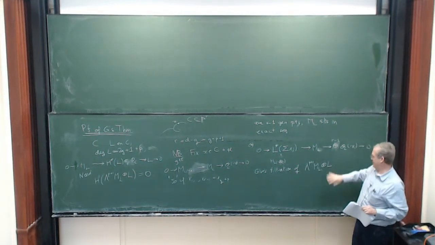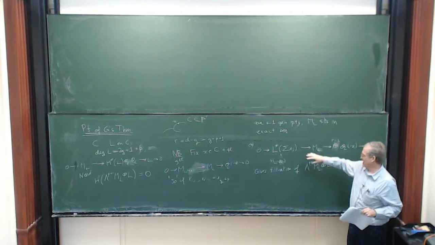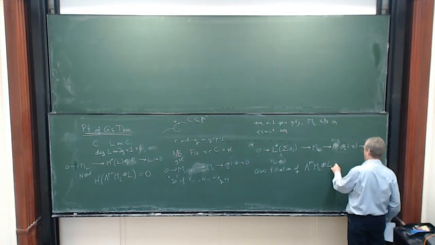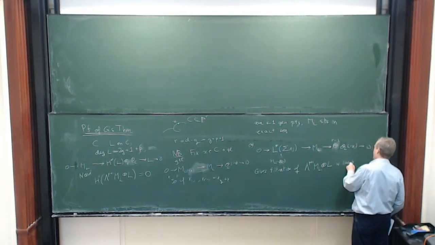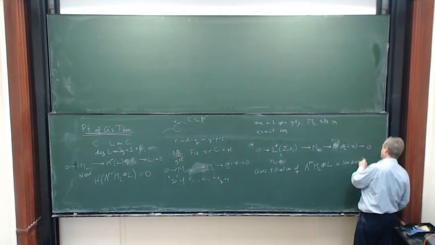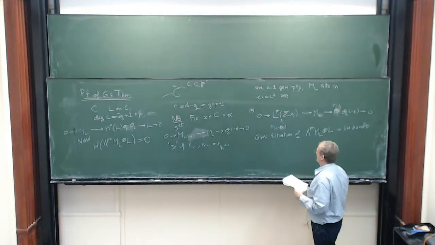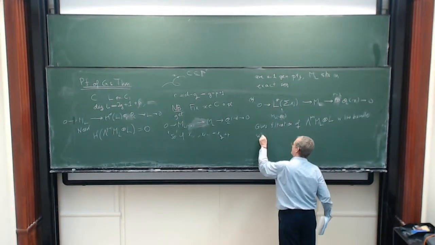So you play this game, and you end up with a filtration of this thing, with some pieces, a filtration with line bundle quotients, and some of these terms are pretty positive, and some of them are pretty negative. So let me just say, whose most negative piece is what?